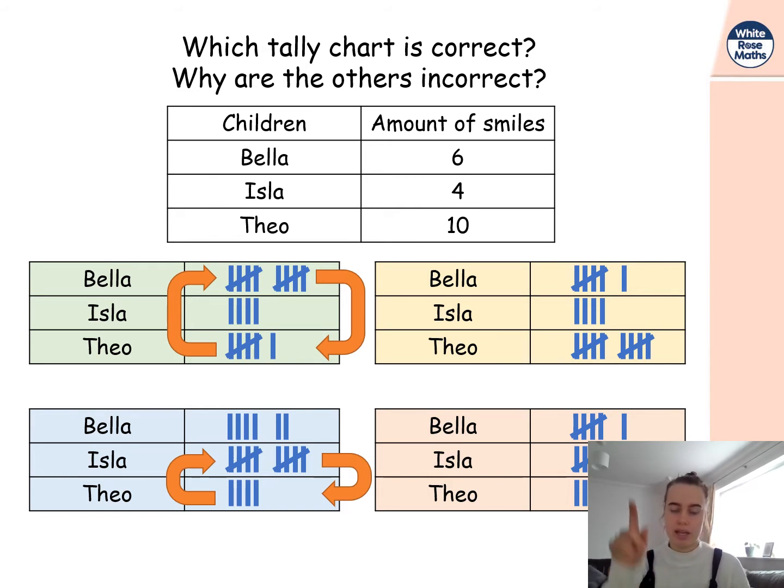But if we get to number 5, that needs to cross through the 4 before it. So the correct one is this one up in the top corner. It's got 6, 4 and 10, which is the answers that we originally had. And that last one, Isla has got 4, but it's crossed over, so that's incorrect. We only need 4, we don't need a 5th line across it.